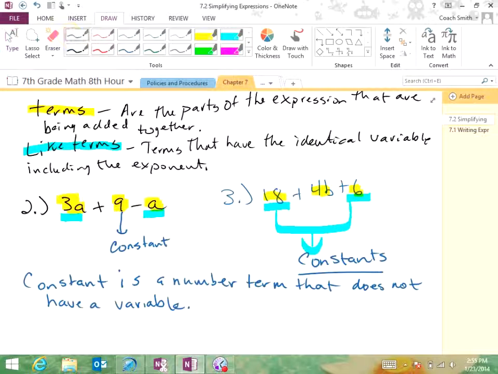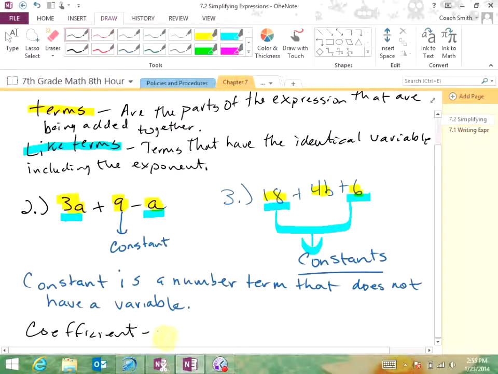The next item we need to have is coefficient. Okay?